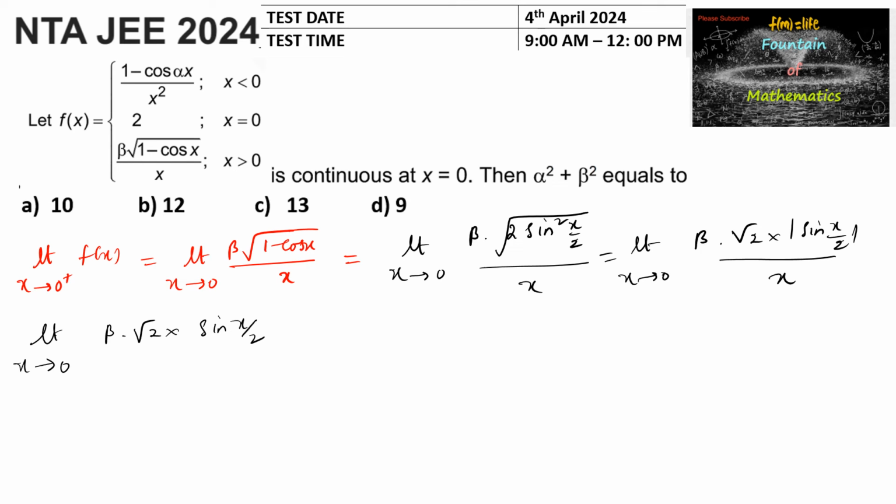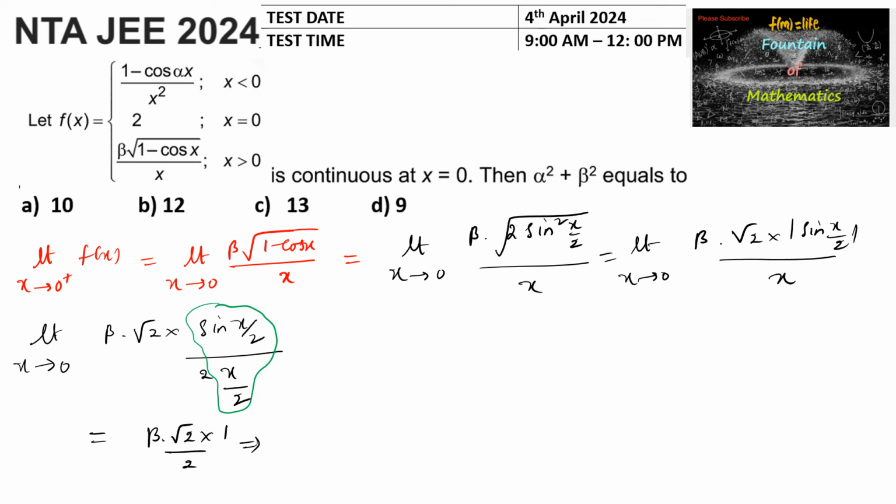Since at x tending to 0 from the right hand side, sine (x by 2) will be positive, we can write directly sine (x by 2) divided by x, multiply and divide with 2. As x tends to 0, x upon 2 also tends to 0, so this is equal to beta into root 2 into 1 upon 2.